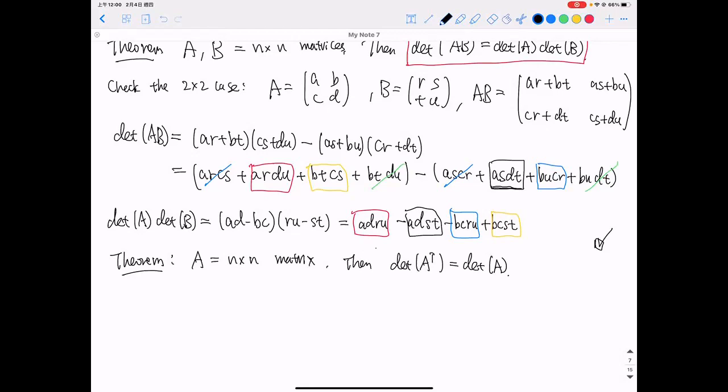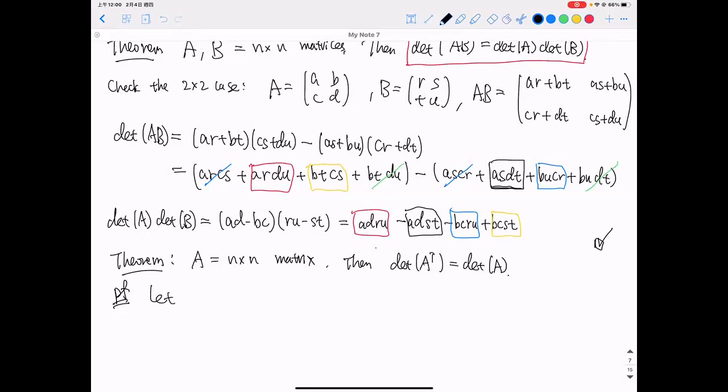Okay, so how do we prove this? The key point is that transposition exchanges columns and rows, right?